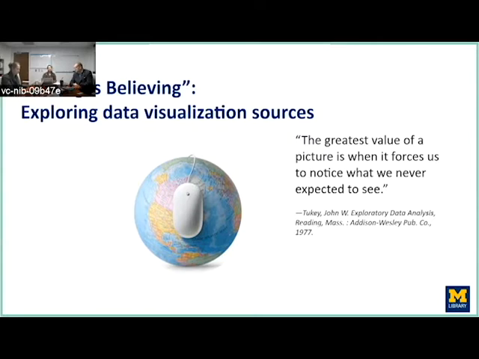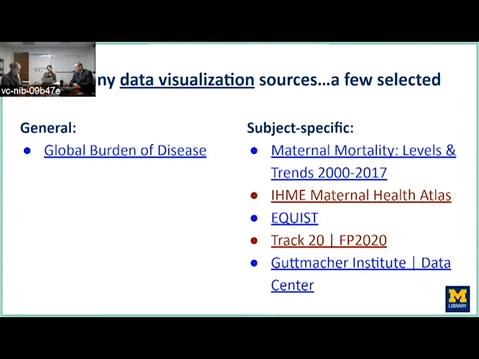So those data visualization tools have a lot of specific interests for us. So there are so many tools, and I've just chosen a few select ones to go through. The first one is a very general one, but of course, these very general sources are still relevant to us in research and family planning and in CAC.